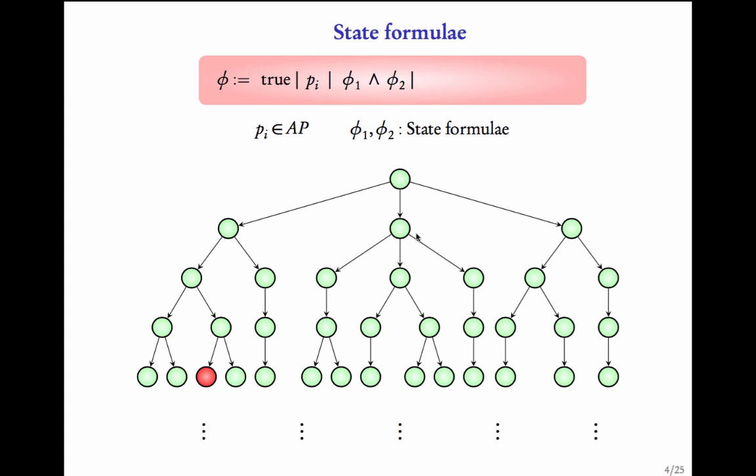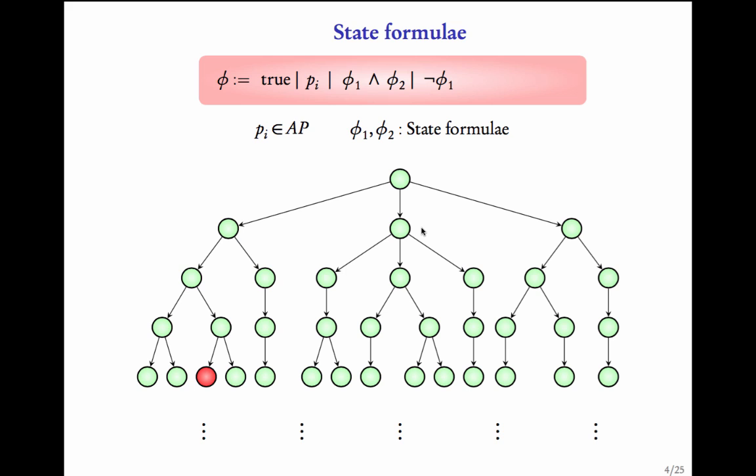Given two state formulae, suppose I know that some state formula is true on this state and some other state formula is true on that state, you can make an AND of these two, phi1 and phi2. Similarly, you can make a NOT as well. So these are the things that you can evaluate on a state. True is true on every state. P1 will be true on the states which have the label P1.